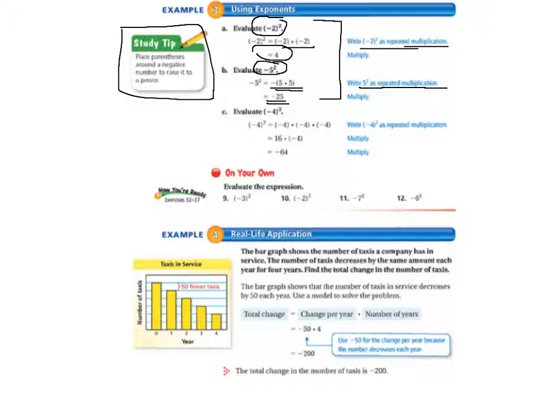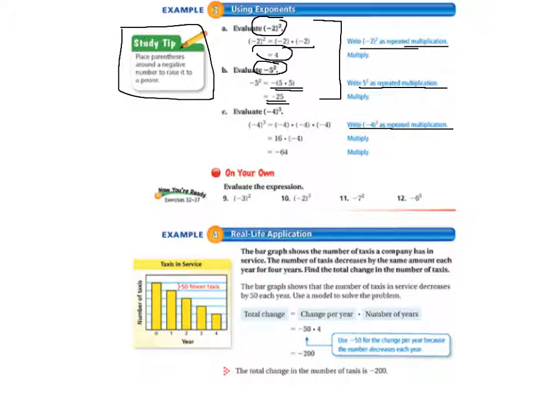And then we're going to move on to letter C. We're evaluating negative 4 to the third power. Once again, we have the negative 4 in parentheses, so the negative sign is going to travel with the 4, and when we write our negative 4 to the third power as repeated multiplication, we write the negative sign each time. So it's negative 4 times negative 4 times negative 4.